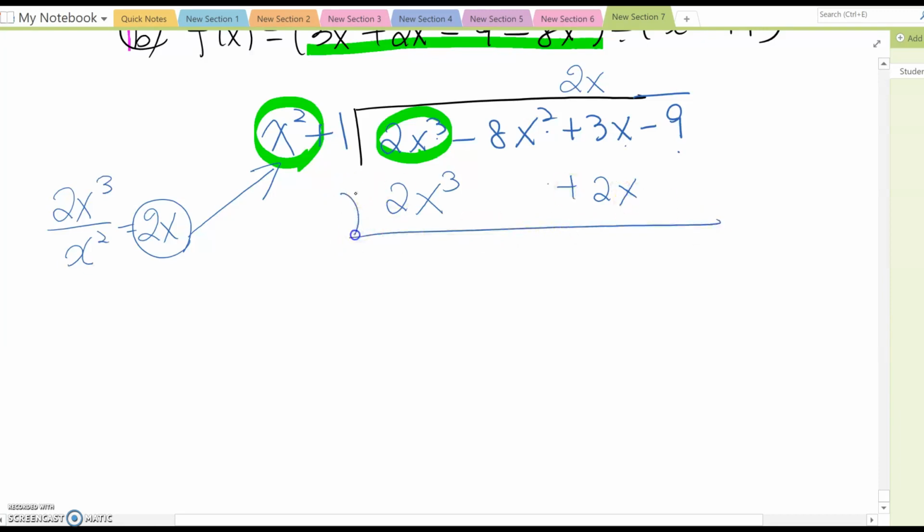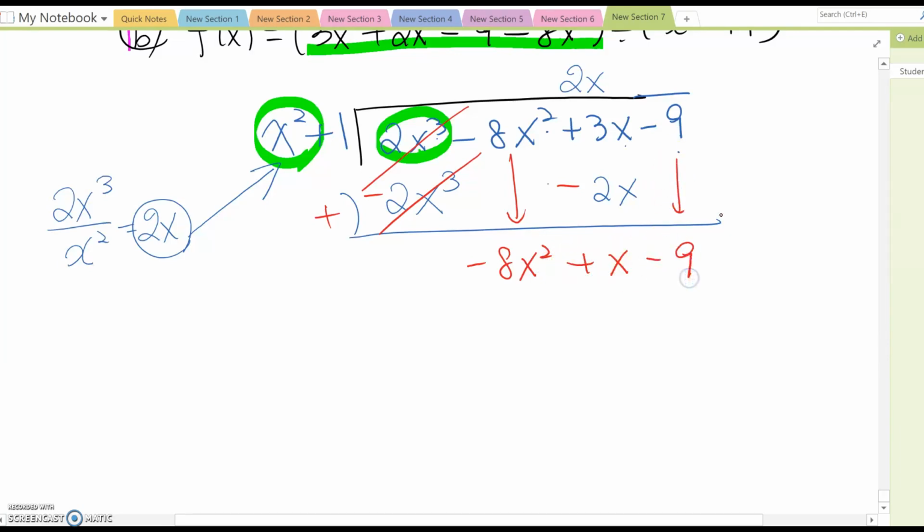And now you subtract, which means switch their signs. Then these two cancel out, and then negative 8x^2 comes down here, and they become plus 3x and minus 9.